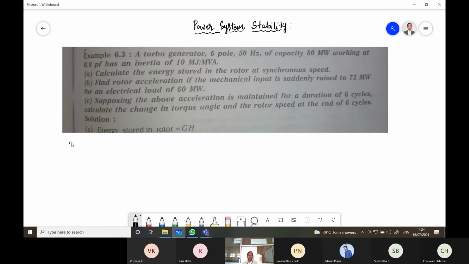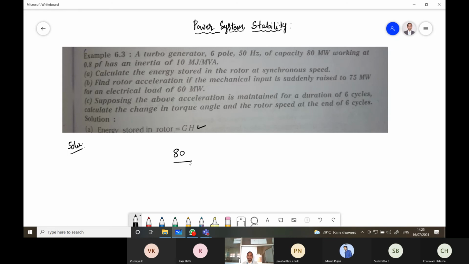So, solution to this. Energy stored in the rotor is given by G into H, right? So what is G and what is H here? G can be calculated from the turbo alternator rating of 80 megawatt, converted from megawatt to MVA.